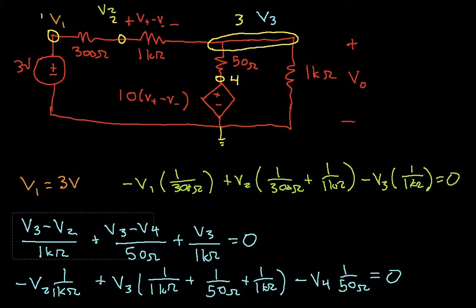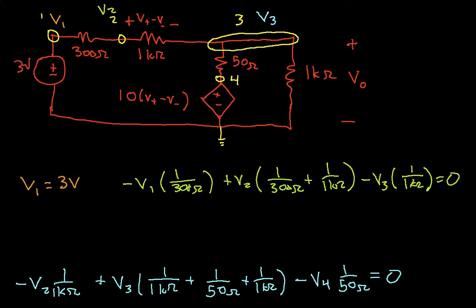I'll clean up just a little bit, although we won't really need much more space. Node 4, you'll notice, is connected to this controlled source. So V4 will be equal to 10 times V plus minus V minus. But we know that V plus minus V minus, that is, the voltage across this 1k ohm resistor, is equal to V2 minus V3. So we have V4 is 10 times (V2 minus V3).